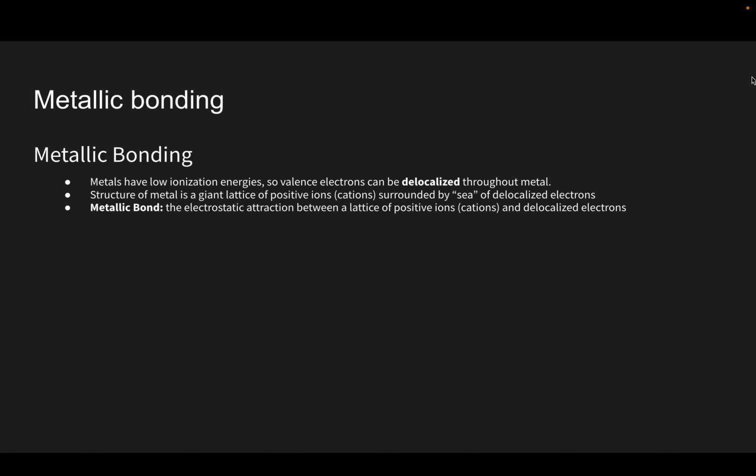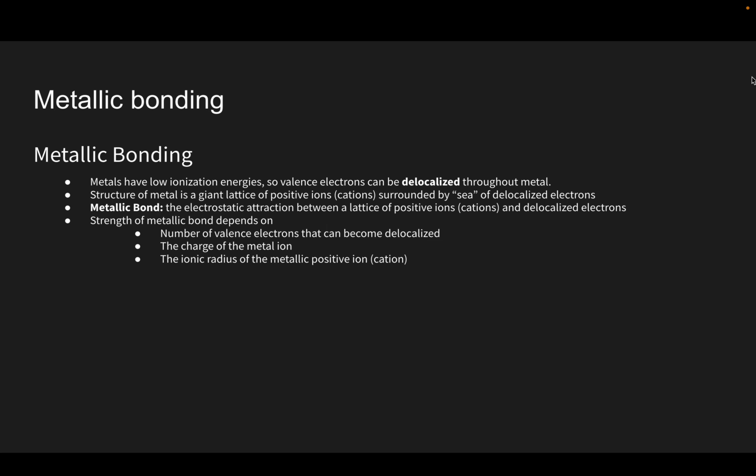Metallic bond, here's the definition: the electrostatic attraction between a lattice of positive ions and the delocalized electrons. So there is a lattice of positive ions, but electrons are moving more freely. The strength of a metallic bond depends on the number of valence electrons that can become delocalized. So the more valence electrons, the more they can create the cloud.